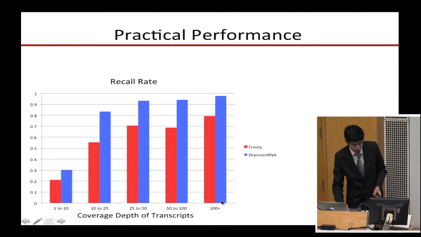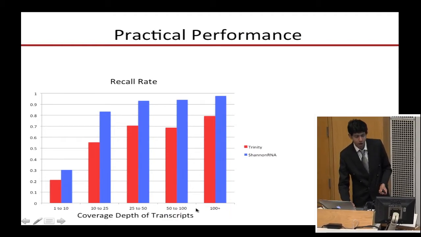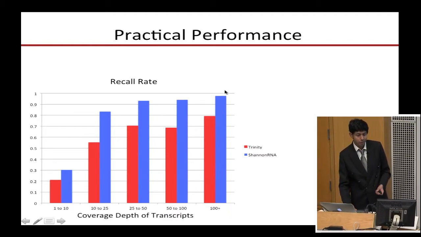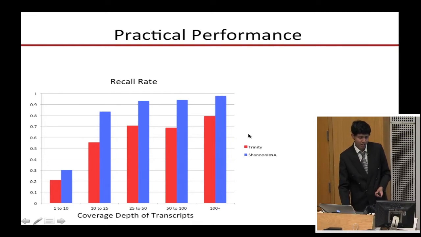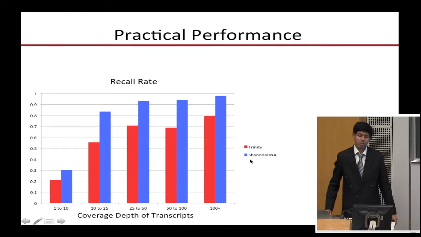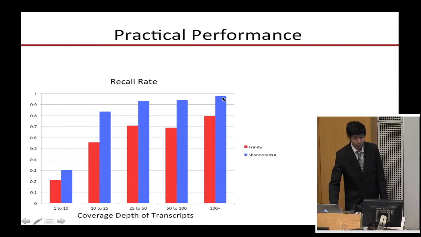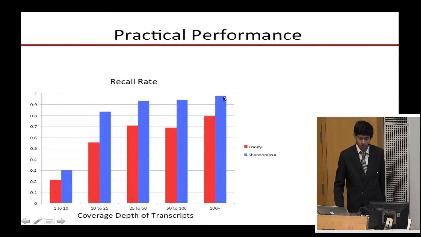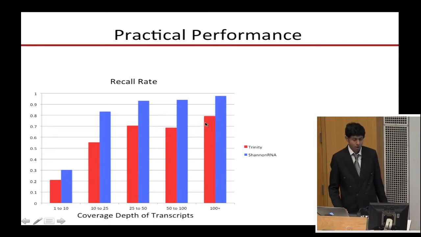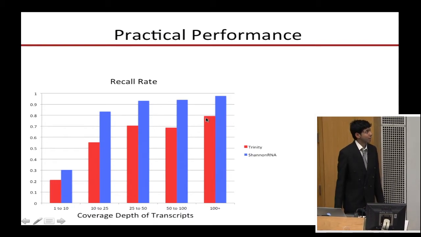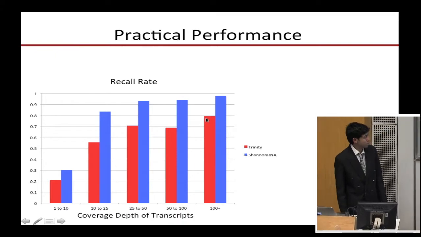So we look at transcripts which have more than 100 reads sitting on them. We see that our algorithm, we call it Shannon RNA, because it's an information theoretic RNA assembler, reconstructs nearly 98% of the transcripts, whereas Trinity reconstructs less than 80% of the transcripts.